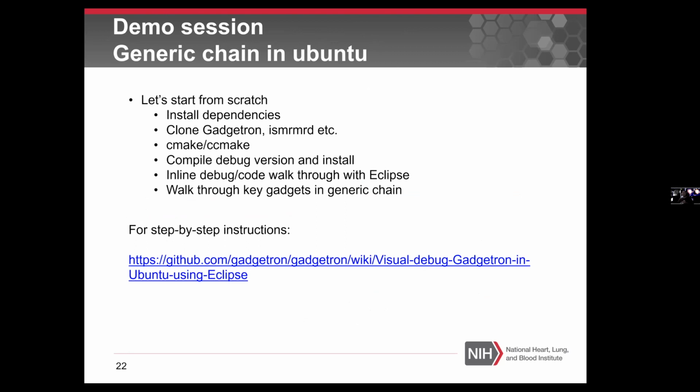Let's do some demos on this. As I said, last time I got lots of comments on how to set up Gadgetron. So I decided to combine them into one session, into one demo here. We will set up Gadgetron on a Linux computer and go through some gadgets of the generic chain.